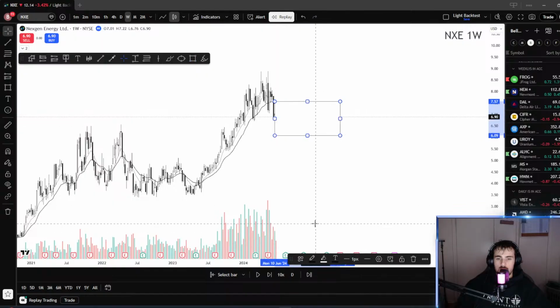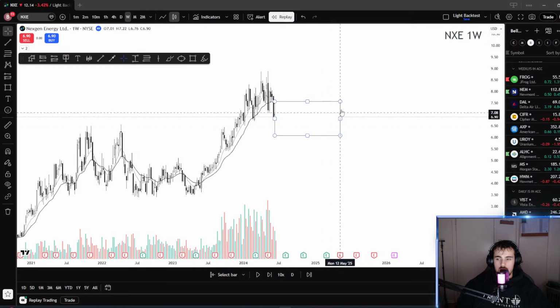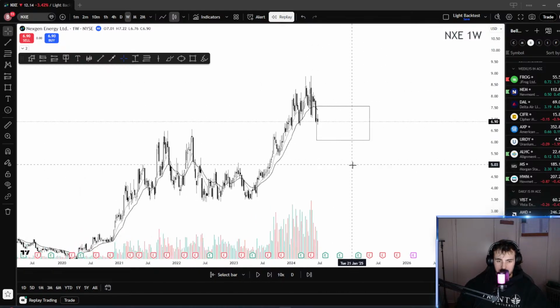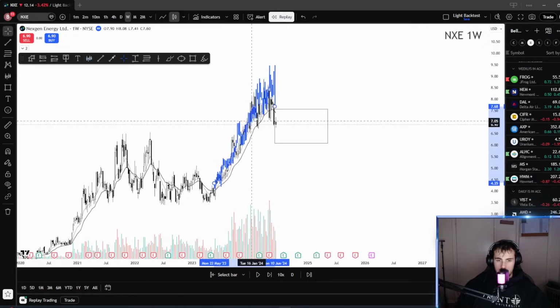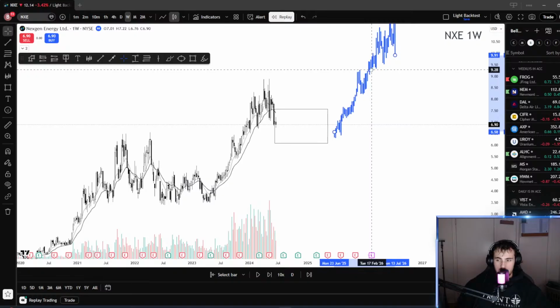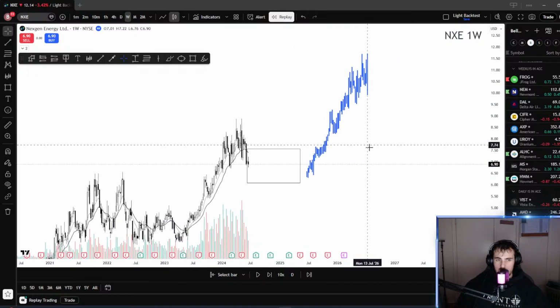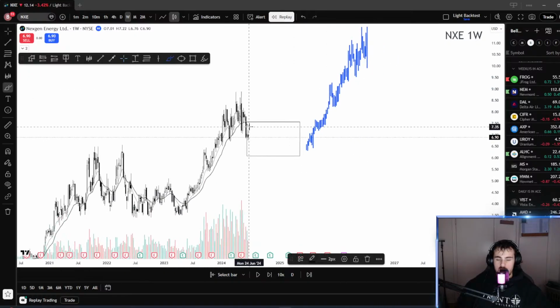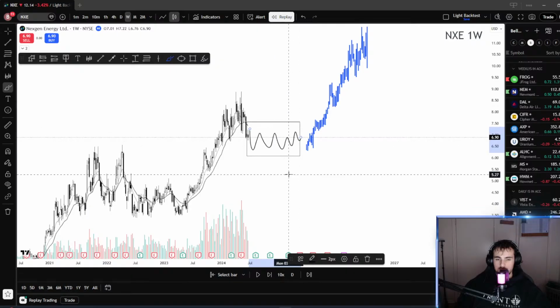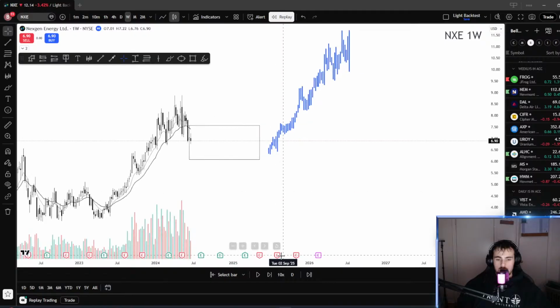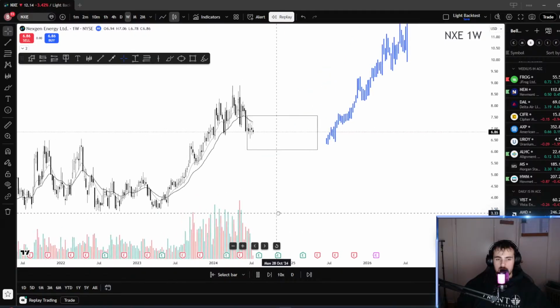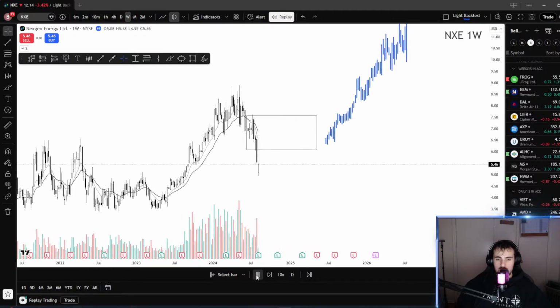I'll make this a clear box where price can just chop around until it creates a new move upwards. So simply, if I take this tool here and replicate this move, I'm looking for this move somewhere here. In between all that, I expect chop. So let's see if that actually comes into play here. It may happen sooner than later. It may not happen at all.